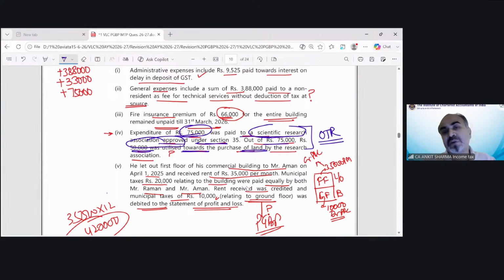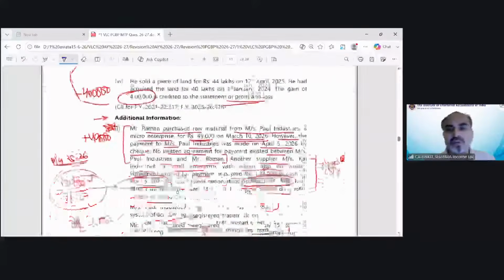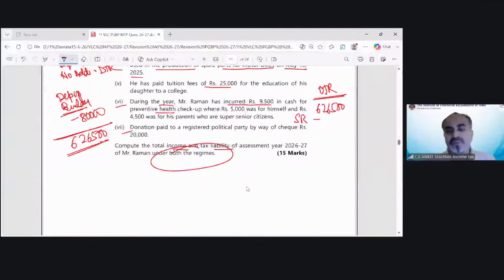But for payment to an approved organization, the utilization does not matter. Whether they utilize it for scientific research or personal purpose, it does not affect our deduction. So full 75,000 we will claim as deduction.